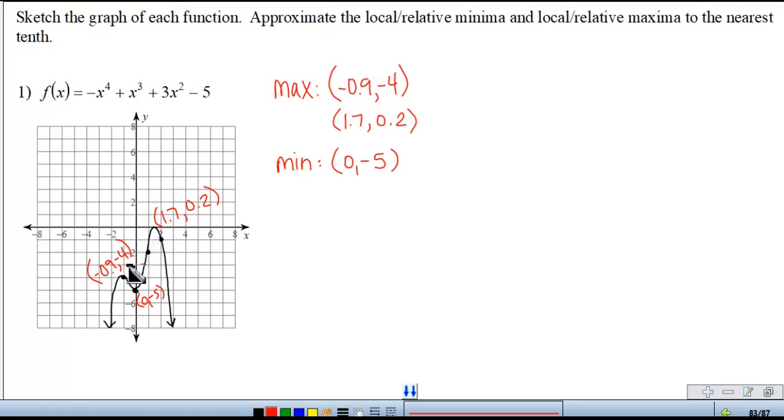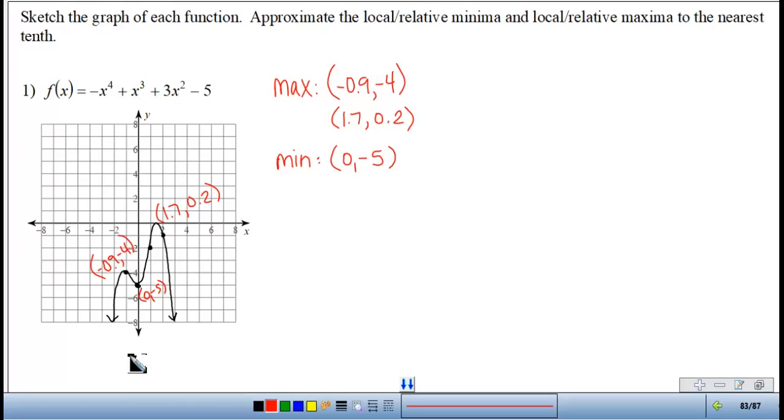So that's why we can have multiples. But an absolute means that it is the absolute highest or lowest point in the entire graph. This particular graph does have an absolute maximum at this location, but it does not have an absolute minimum. And the reason it does not have an absolute minimum is because this graph continues infinitely toward negative infinity.